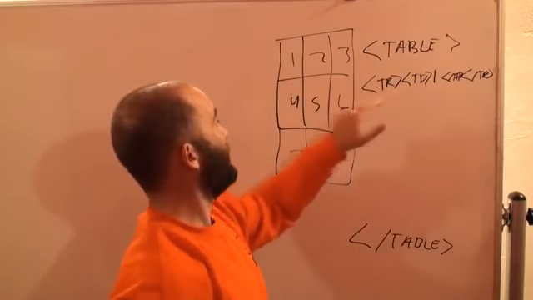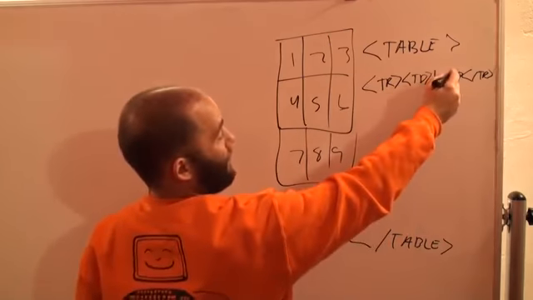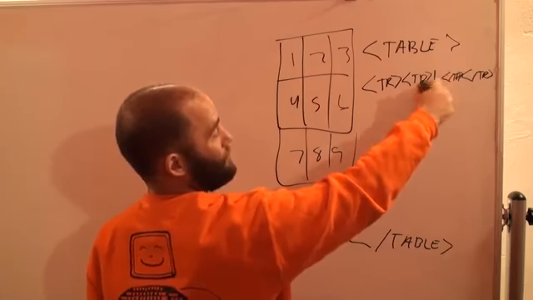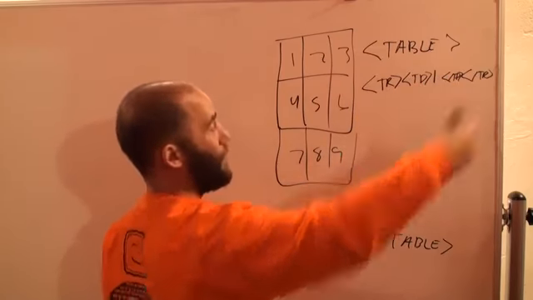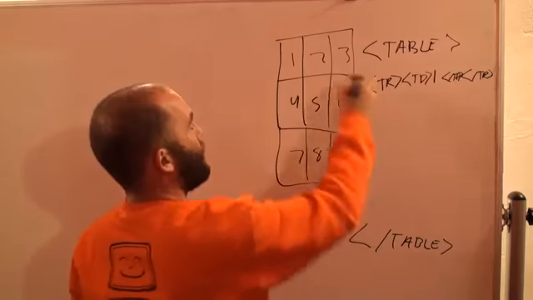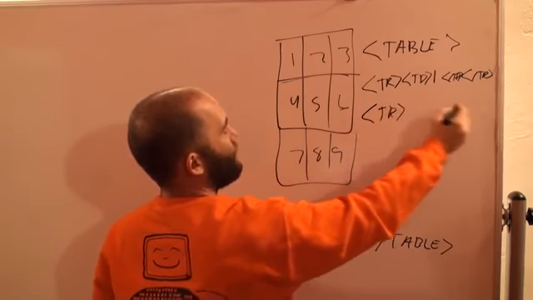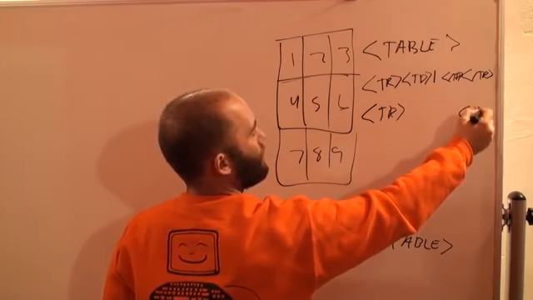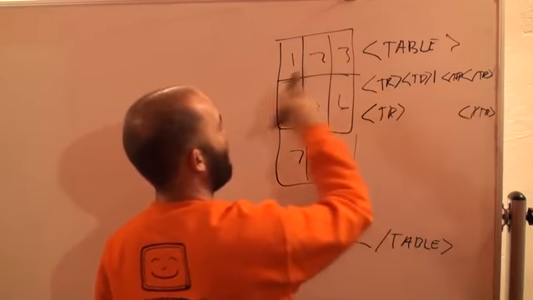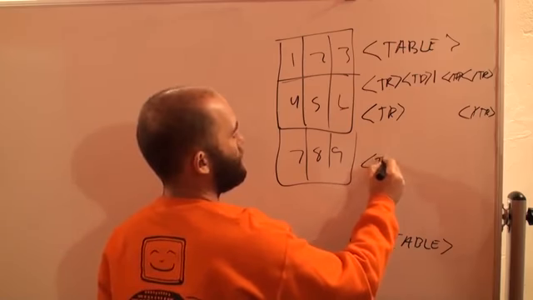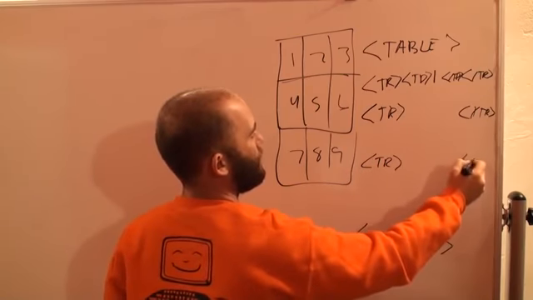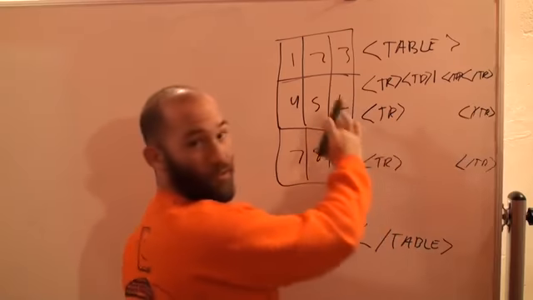So we put 1. Then we would do TD 2 backslash TD, TD 3 backslash TD. So that would be the first row. Then you would do TR for the second row, and then escape out of TR. So that would be row 2, and then TR, and this would be row 3.